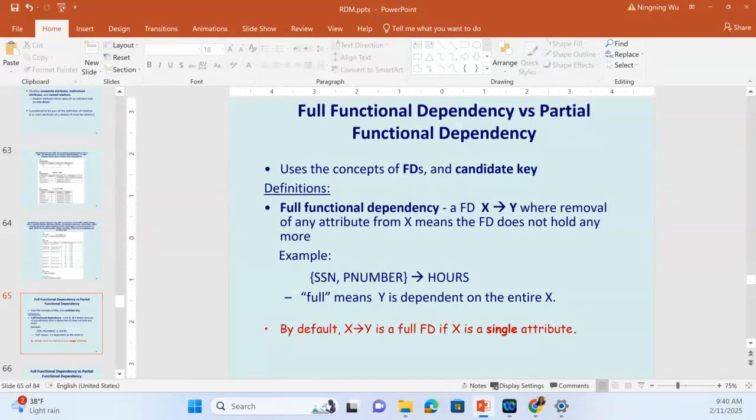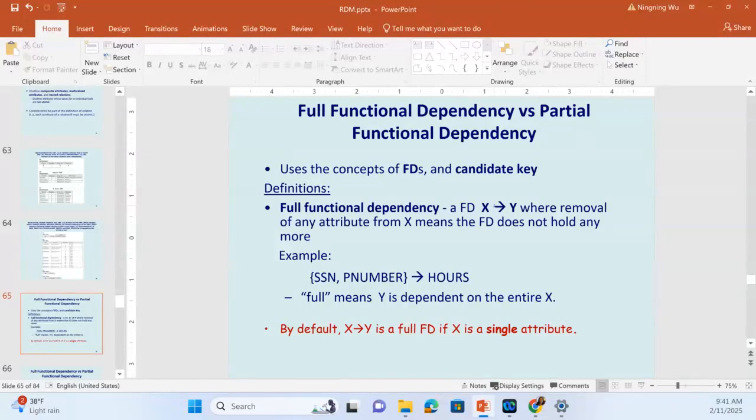Assume X determines Y. If this functional dependency is considered full, that means Y is dependent on the whole X, the entire X. For example, if X contains multiple attributes and we remove one or some attributes from X, then the remaining attributes will no longer be able to determine Y's value.